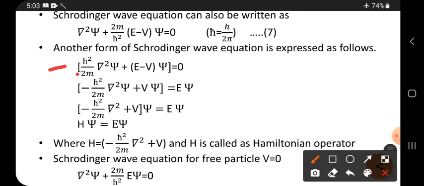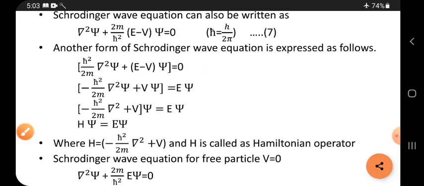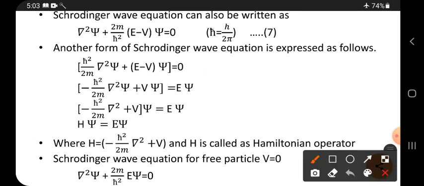Then here plus becomes minus. If you multiply inside with psi, minus e psi, and plus v psi. This minus e is brought to this side, so that is why the minus becomes plus e. Here one more step we have to write, but I forgot to write it. Sorry for that.